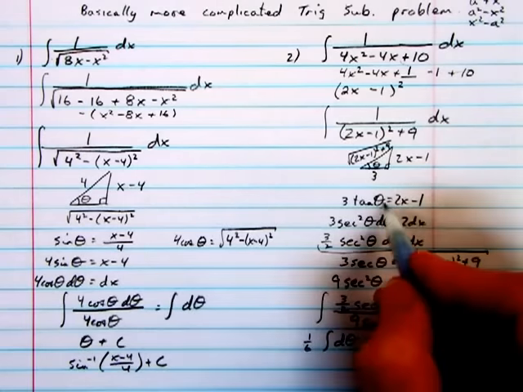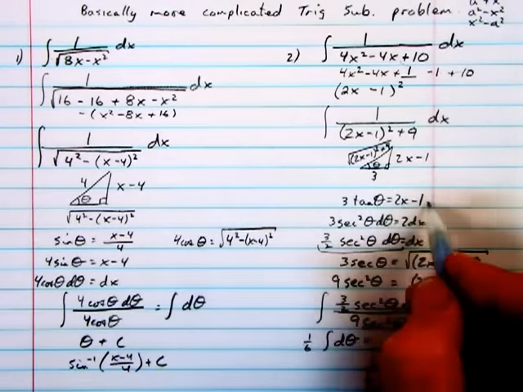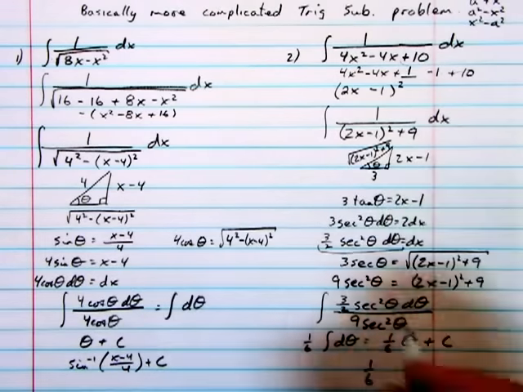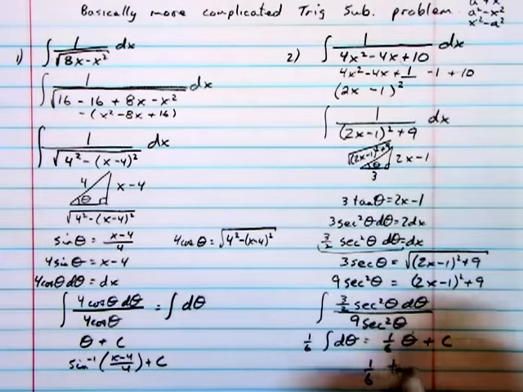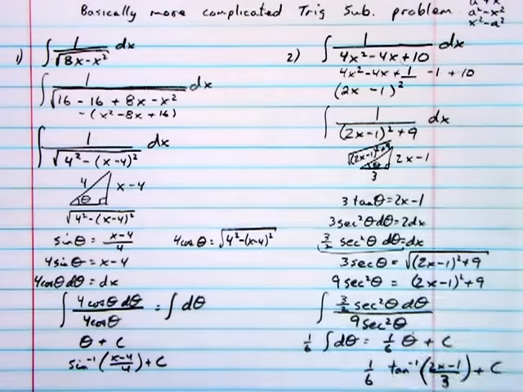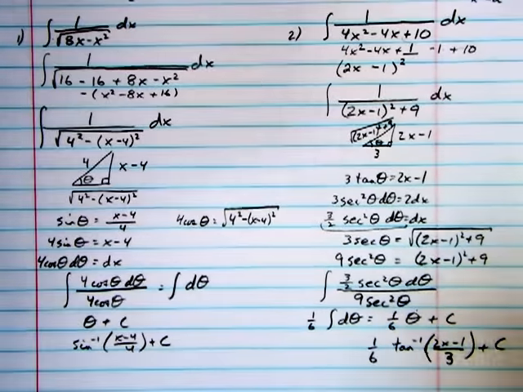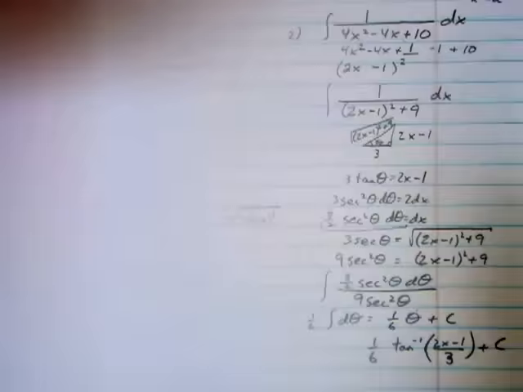What is theta? We have tan theta equals 2x minus 1 over 3. So then theta will be the inverse tangent of 2x minus 1 over 3. And then tack on our plus c. And that's it for those two. Those two are pretty straightforward, not too bad.